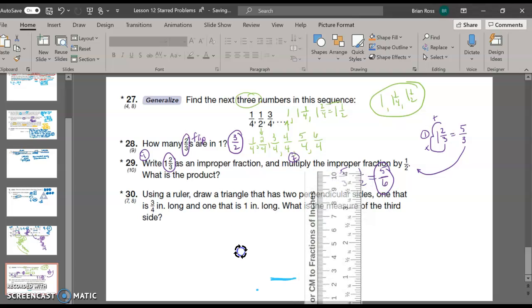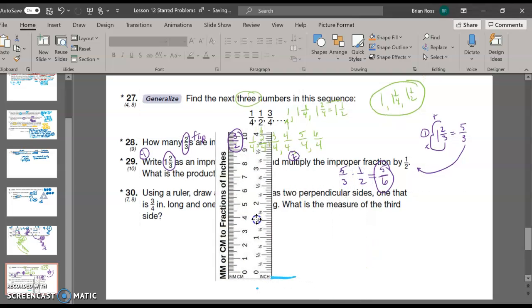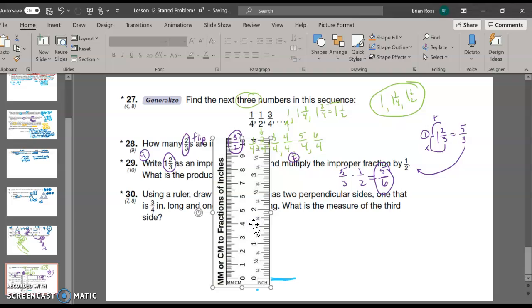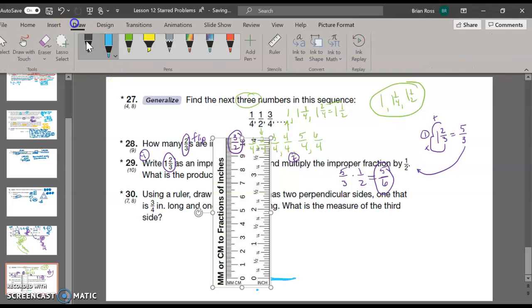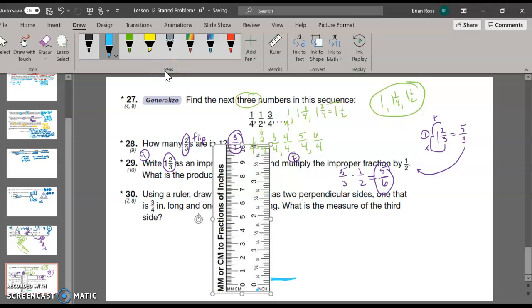Look at me go. And put that there. And then I'm going to draw again. Let's see if it'll let me draw. Oh, no, I don't want to move it. So, oh, that's a straight line. Way to go, Mrs. Ross.